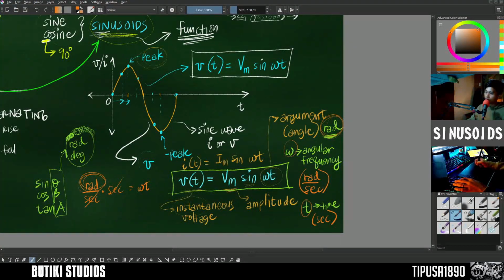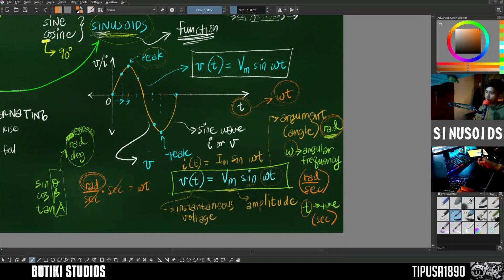So atong makita pod, we are only graphing this with respect to time, but we can also graph this with respect to omega t or the argument. And I will be making a comparison here next. So there are 4 parameters here to be seen: instantaneous voltage, amplitude, your argument, and omega t, ang makalibog.